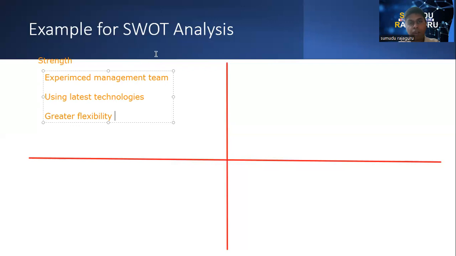Okay, what are the weaknesses? We'll think about what the weaknesses are. As an example, in our organization we have an experienced management team, top management, but we haven't got proper middle management. So that is a weakness.